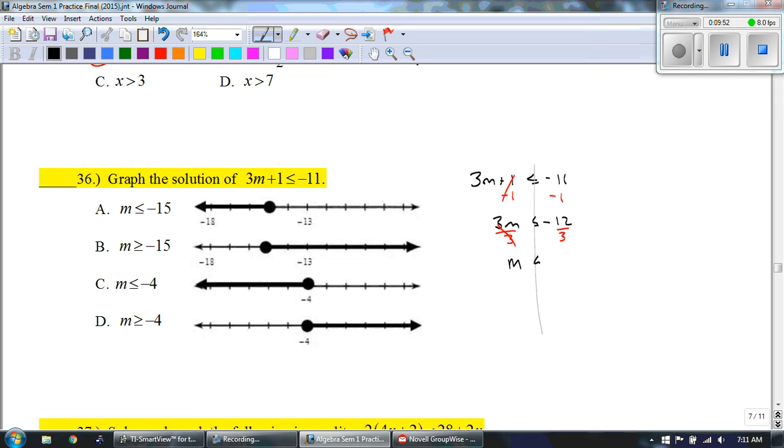I'm dividing a negative, but I'm not dividing by a negative. So we get m is less than or equal to negative 4, and we need to look at that, that's C. If I'm looking at just the inequality, I could have gotten rid of B and D because those are both greater than.